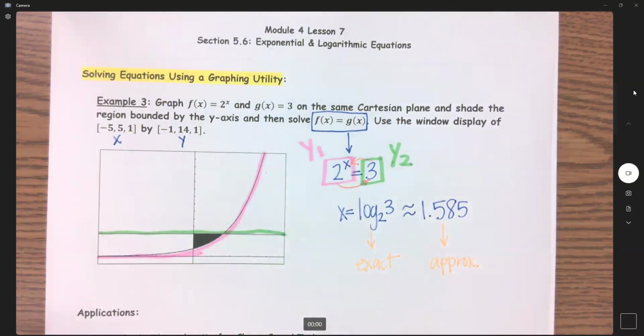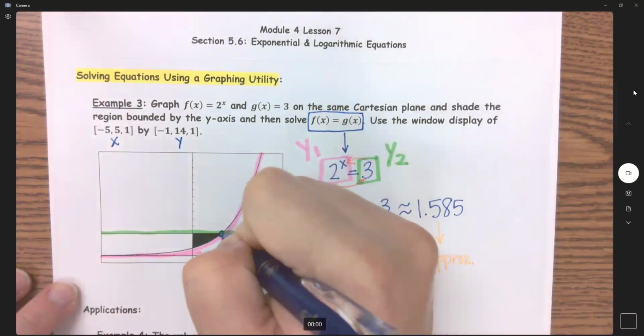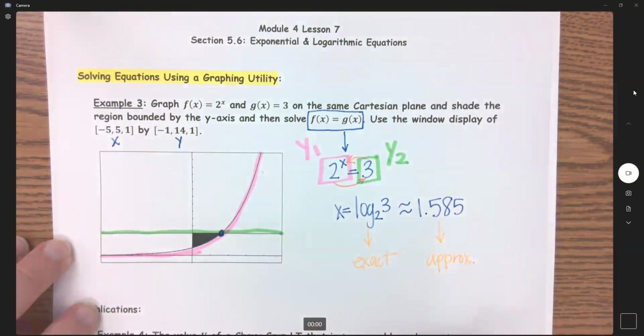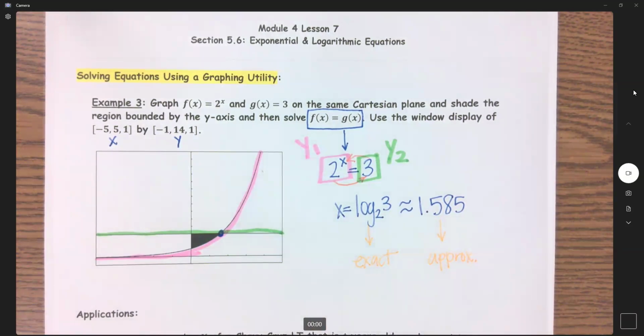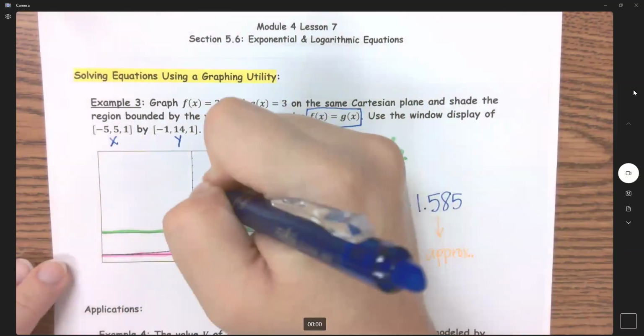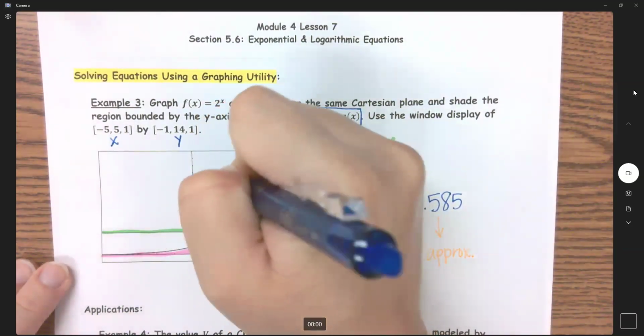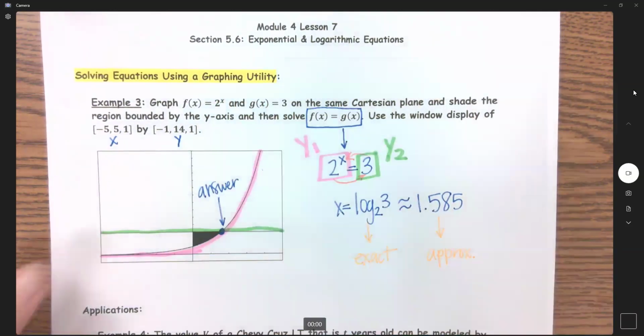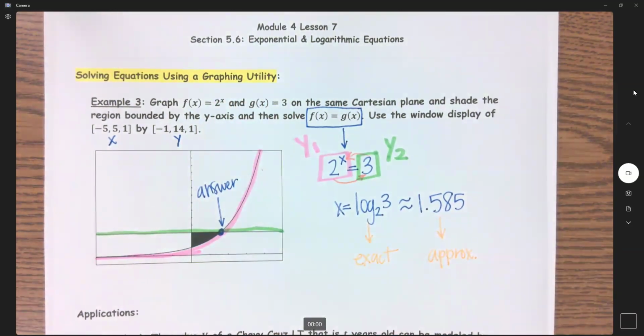What we are trying to find is where these two are crossing. This is essentially a system of equations. So my answer is right here, their intersection.